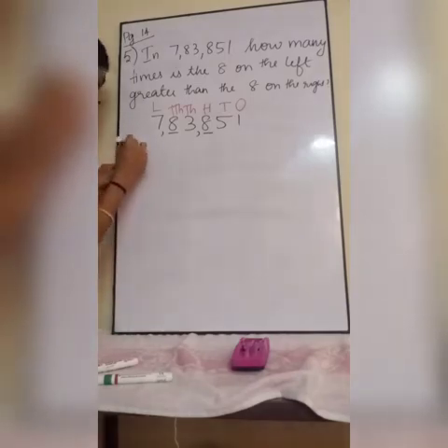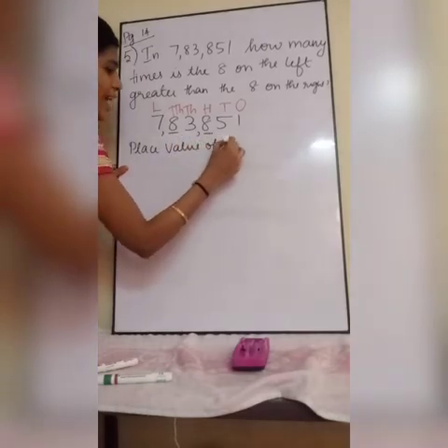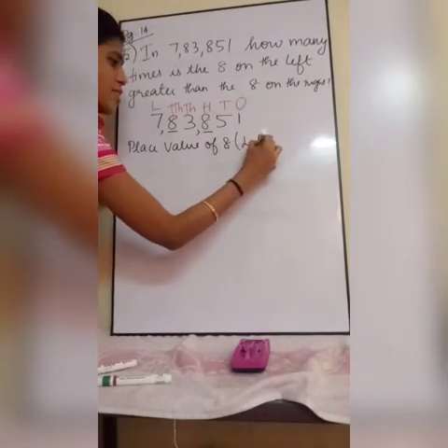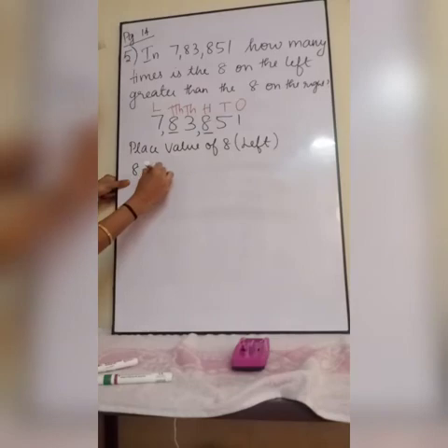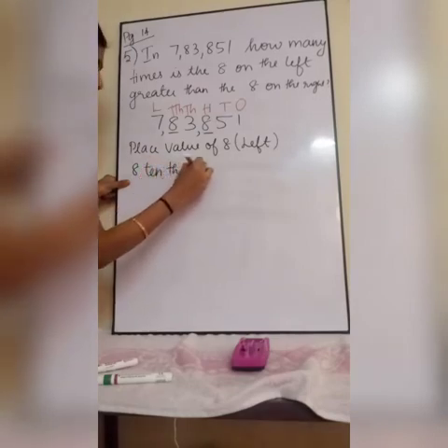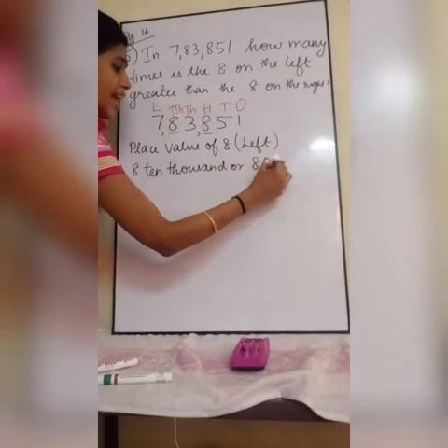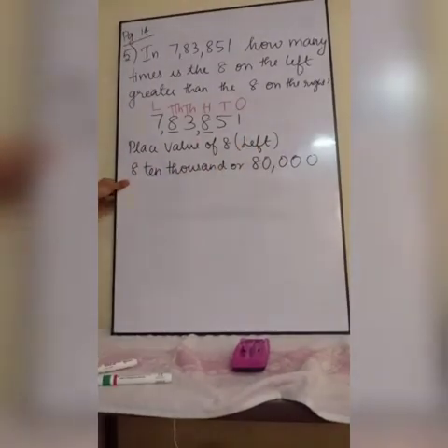Okay. So, now the place value of the 8 on the left side. This is your left side, that is your right side. So, on the left side, what is the place value of 8? 8 ten-thousands. So 8 ten-thousands, or how will you write? 80,000. Correct? 8 into 10,000, 80,000.